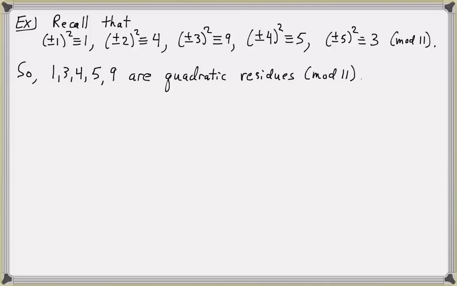So these are the only possible quadratic residues mod 11. So all the other integers that are relatively prime to 11 must be quadratic non-residues. So that would leave 2, 6, 7, 8, and 10 as quadratic non-residues.